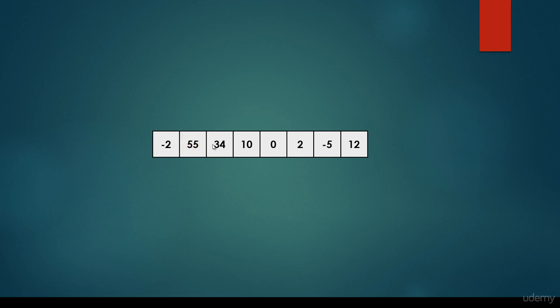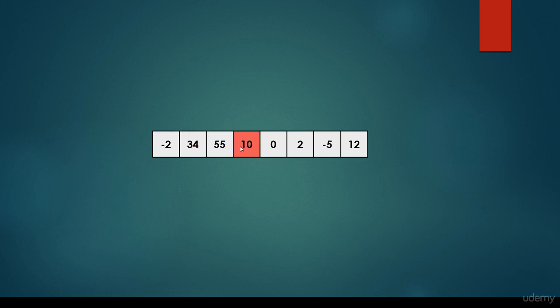Okay, what about the next one? It is 34. We have to consider every single item that precedes 34: 55 and -2. 55 is greater than 34? Yeah, so we shift it. -2 is greater than 34? No, so it's going to be just fine.